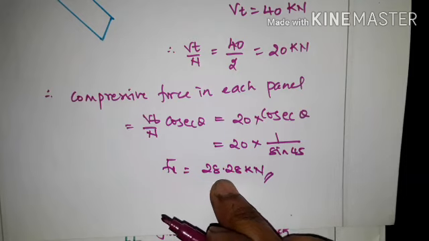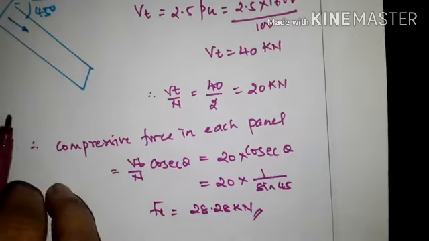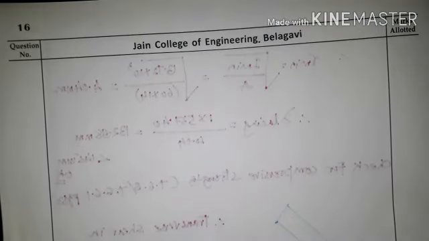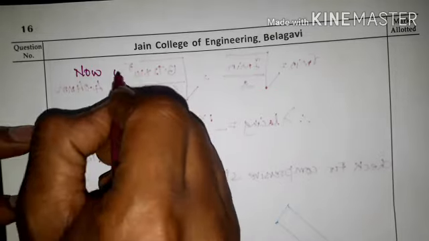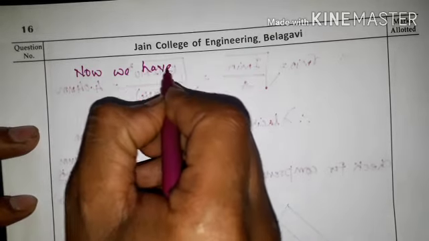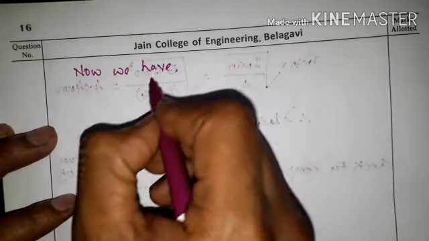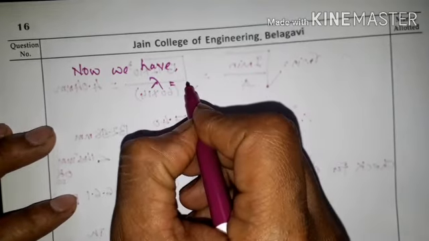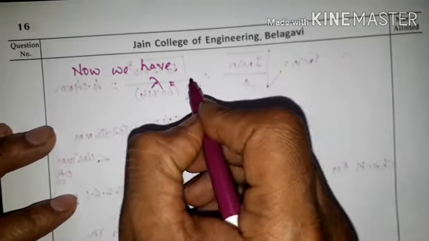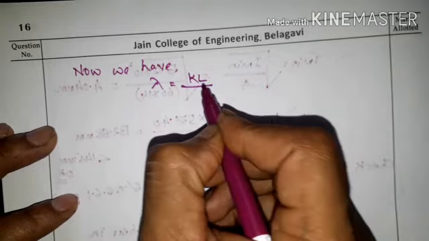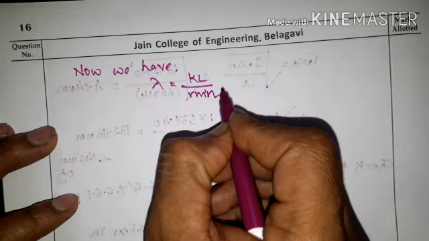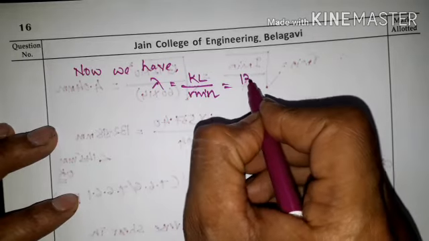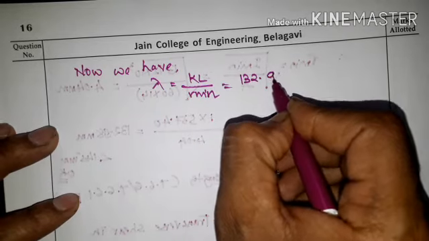Okay, so now lambda for lacing is equal to KL by r minimum, which we already calculated, that is 132.98.